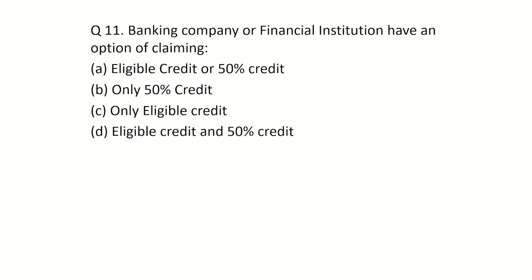Section 17 subsection 4 of the CGST Act 2017 gives a special provision for a banking company or a financial institution or an NBFC which wants to claim input tax credit, which says that any banking company or a financial institution is eligible to take credit of the total value of inputs to the extent of 50% or opt for the normal scheme. Hence, the answer here would be eligible credit, that is the normal scheme of claiming input tax credit, or 50% credit of the total input value.